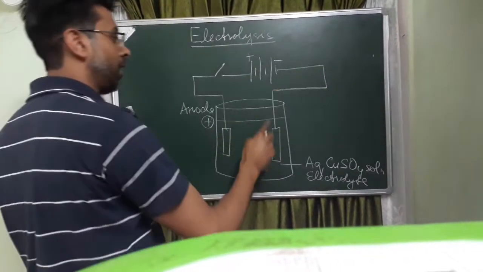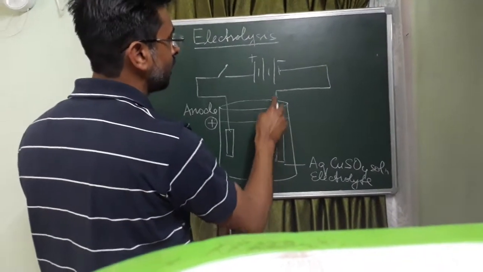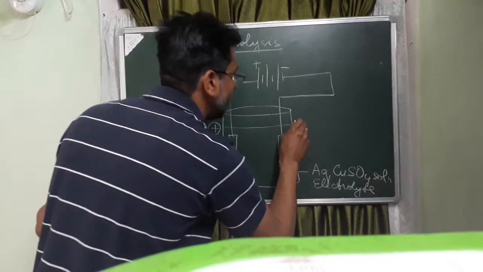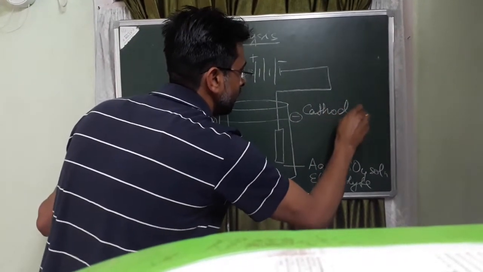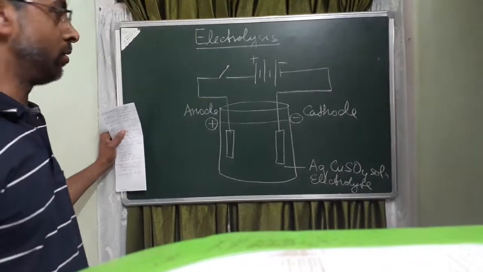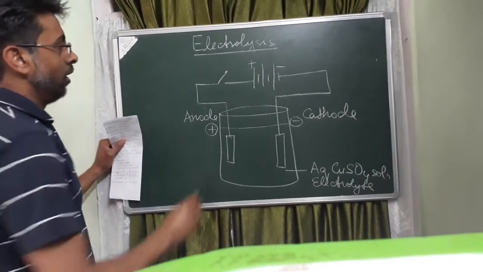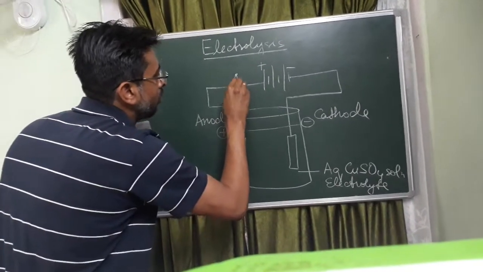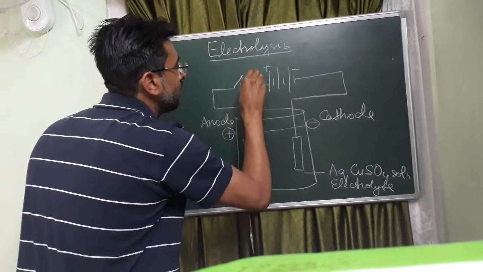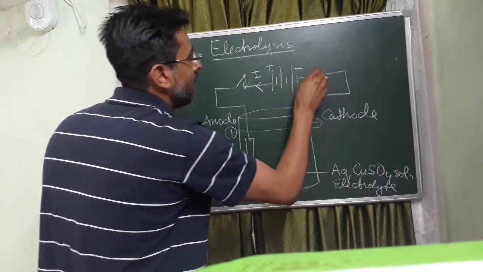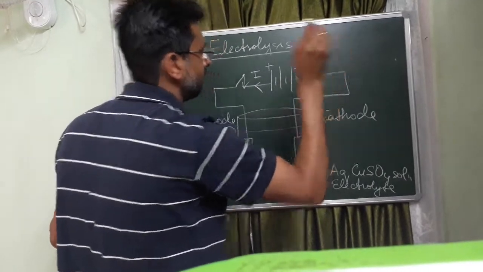The other plate, which is connected to the negative terminal of the battery, carries a negative charge and it is called the cathode. Now when the switch is put on, current will start moving in this direction. Electrons will start moving in this direction.